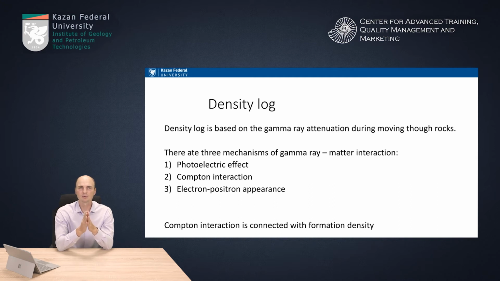So the more electrons, the more Compton interaction. The interesting story is that the Compton interaction shows us the amount of electrons, and the amount of electrons correlates with the bulk density. So finally we can measure the bulk density by using gamma ray emission. Density log measures the bulk density.